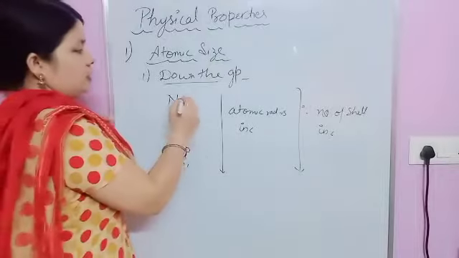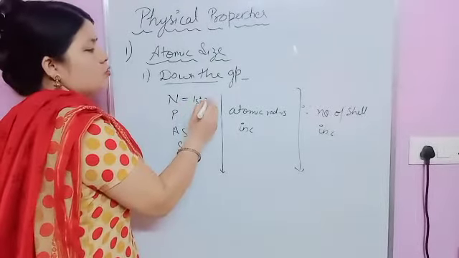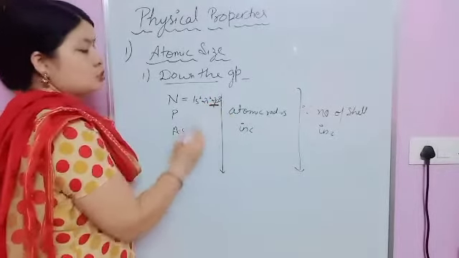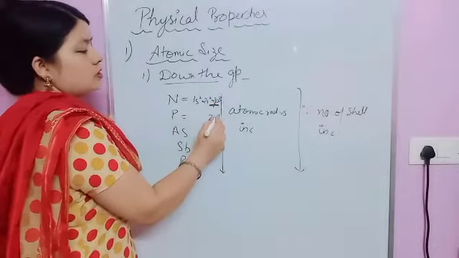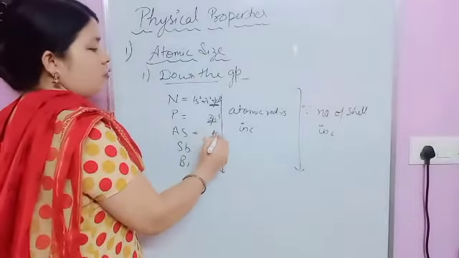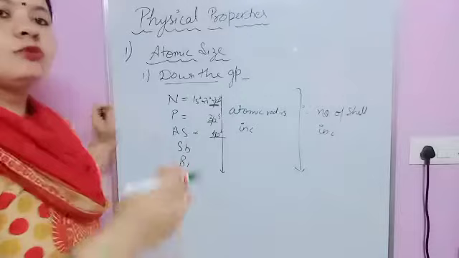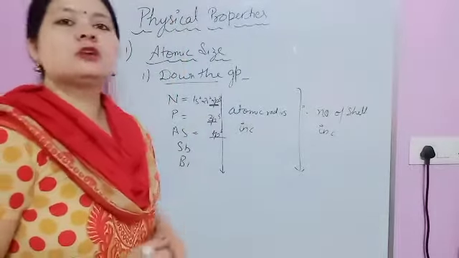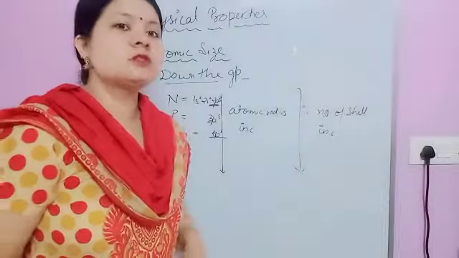In case of nitrogen, it's 1s2, 2s2, 2p3, so the number of shells is 2, but in case of phosphorus it's 3p3, with 3 shells, and in case of arsenic it's 4p3. So as we move down the group, the number of shells increases. That's why their atomic radius also increases, because the distance is increasing.